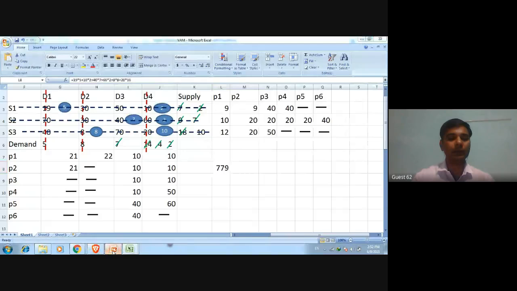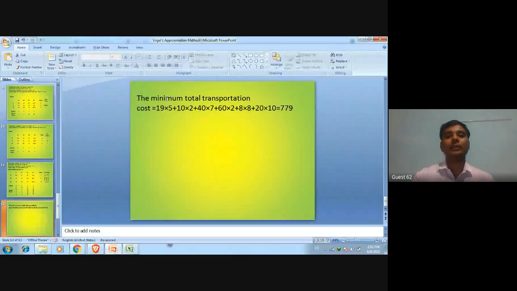I have put it in the slide also: the minimum total transportation cost is 779. So this 779 is your initial feasible solution.